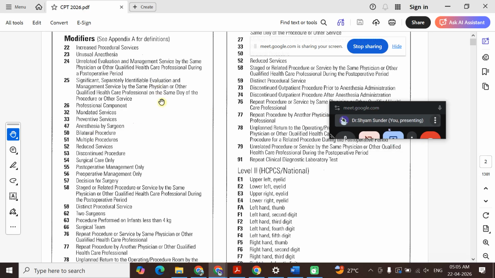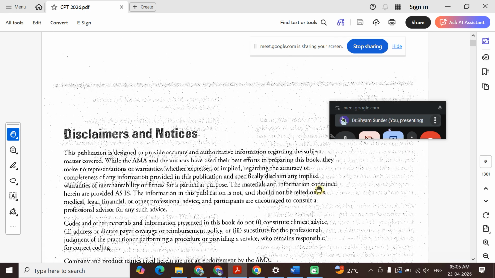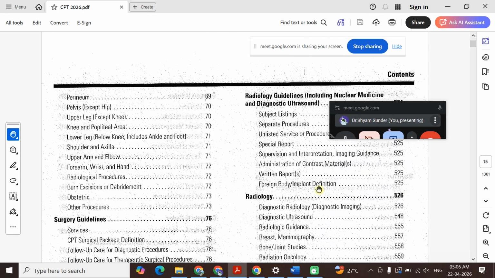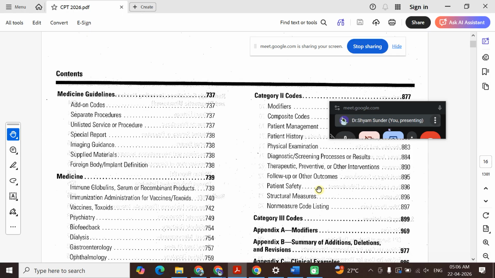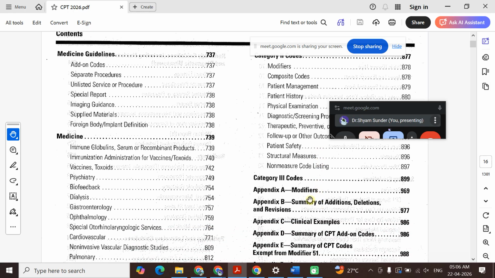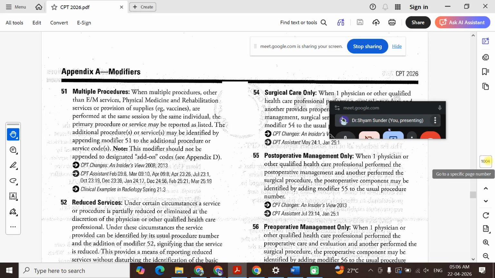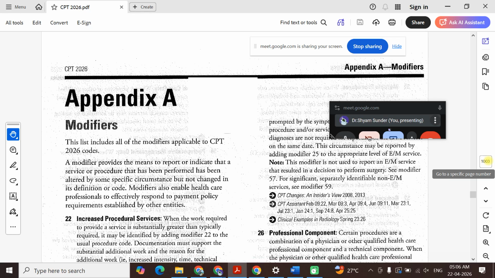If you go to Appendix A, so where is Appendix A? Here is Appendix A, modifiers, page number 969. Here you have complete, detailed information about each and every modifier.